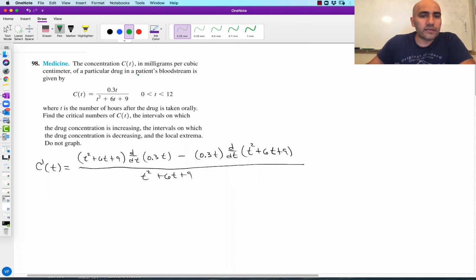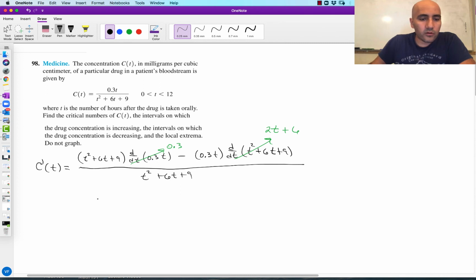Okay, so luckily these are easy derivatives. This is just going to be equal to 0.3. And then this guy is just going to be equal to 2t plus 6. So let's bring that all back into here.